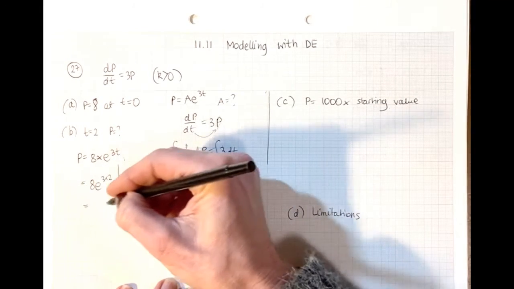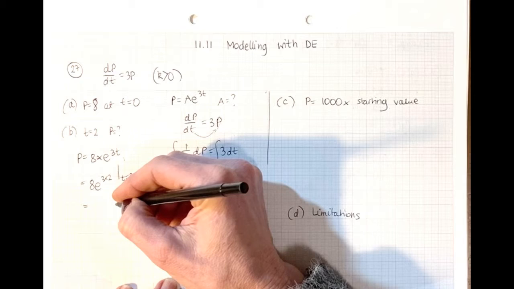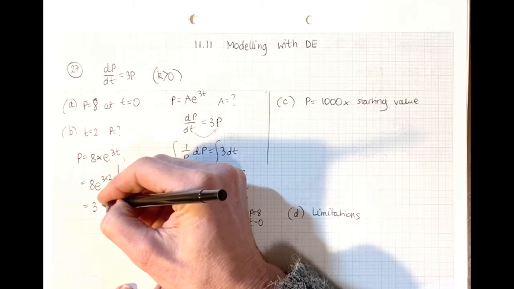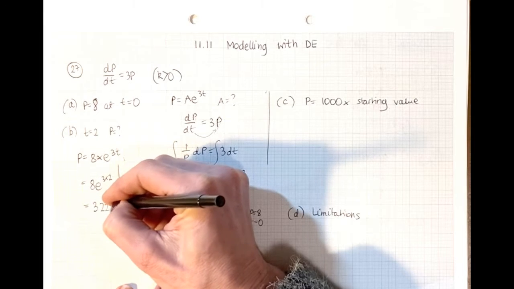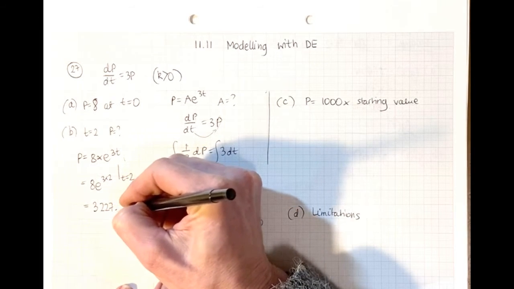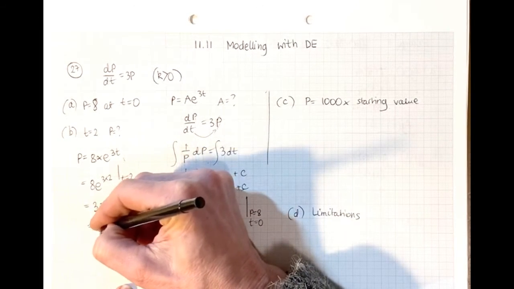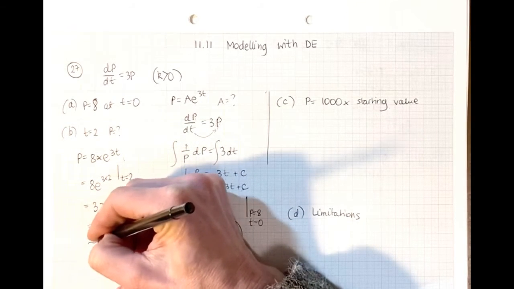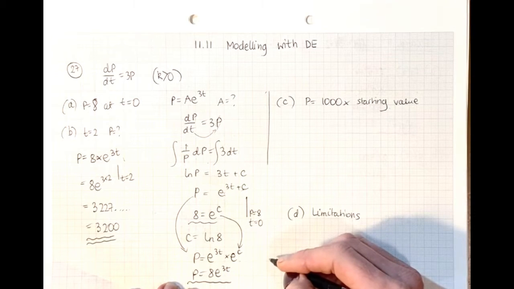That gives me the value of 3,227 point something. So the nearest 100 is 3,200. So that's the answer to part B.